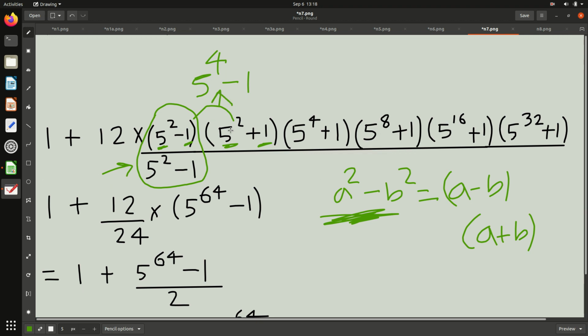Now what is the benefit? Again, if you look carefully, this is A minus B and this is A plus B. If you consider 5 to the power 4 as A, then multiplying this and this, you will get A square minus B square, which is 5 to the power 8 minus 1.